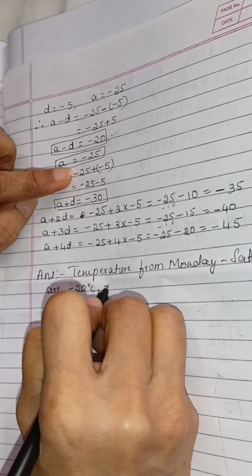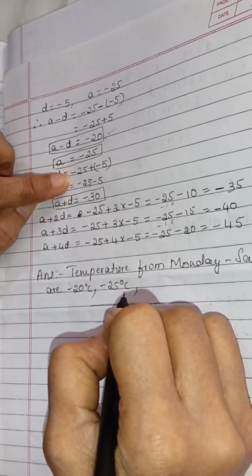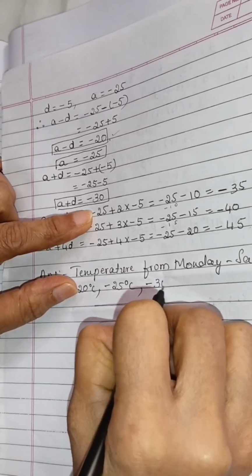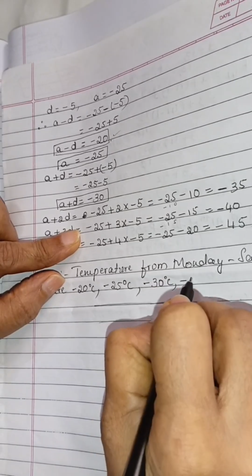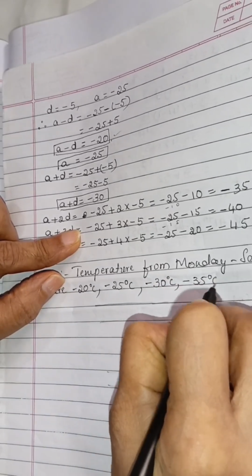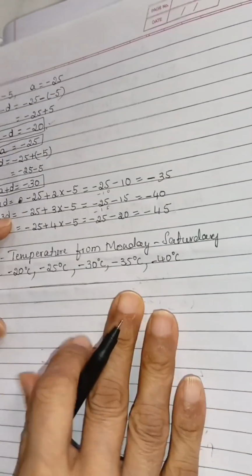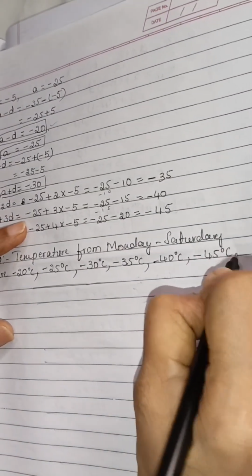Second one is minus 25 degree Celsius. Third one is a plus d is minus 30 degree Celsius. Then minus 35 degree Celsius, minus 40 degrees Celsius, then minus 45 degree Celsius.